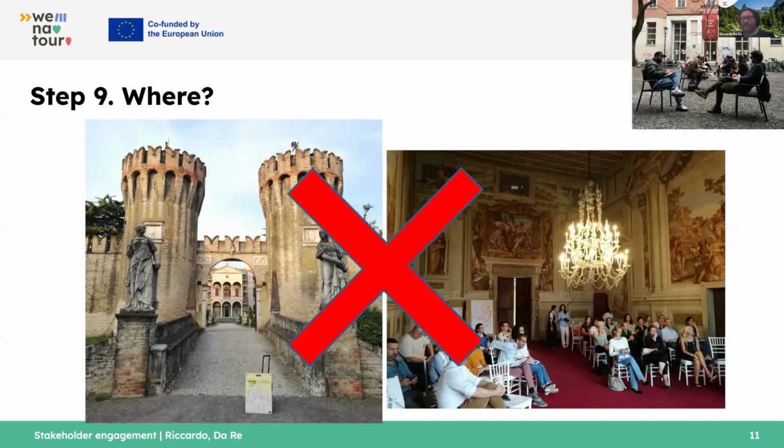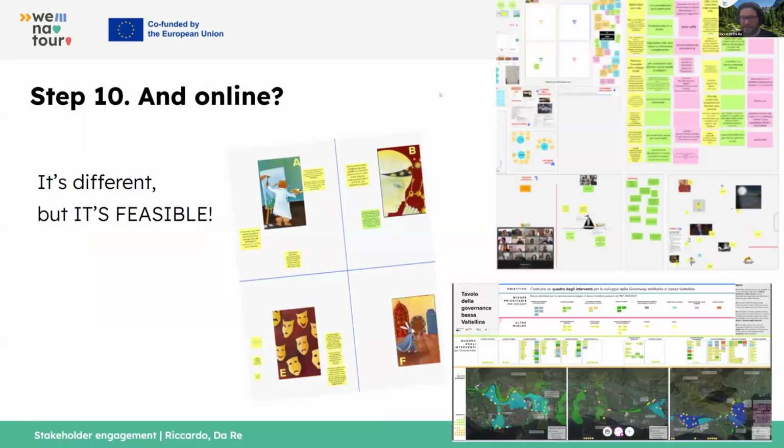For me the venue makes 50% of the final output of a stakeholder engagement process. So this is a tip: I always need to check the venue, and I need the photos and so on. The last step is not less important than the others, and then I conclude.